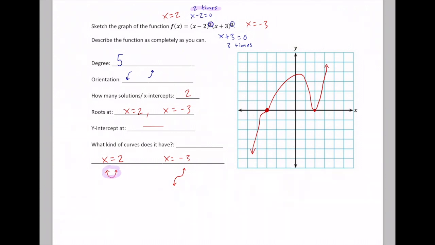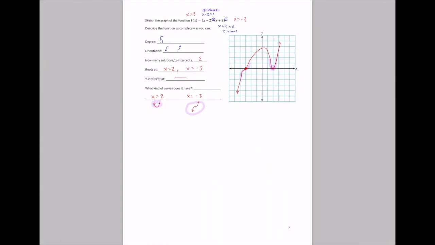So we said our graph was going to bounce at 2. That's what happened. And we said that our graph was going to bend at negative 3. Make that little S shape. So this is just a rough estimate, a sketch of what our graph is going to look like. That's our lesson for today.